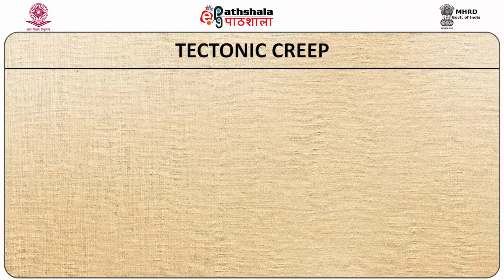Rupturing starts to occur at the focus of the earthquake and continues to move upwards, downwards and laterally. In this process, the stored energy is released, producing shock waves or earthquake waves or seismic waves that vibrate the ground.